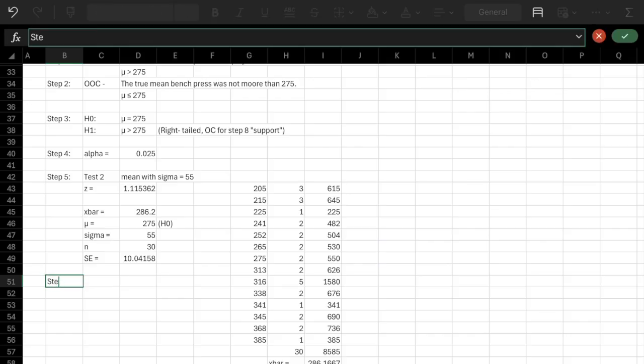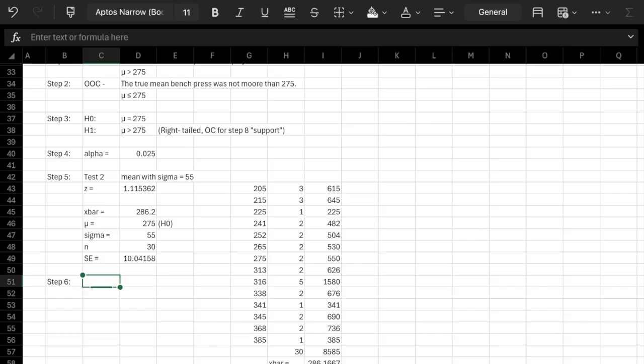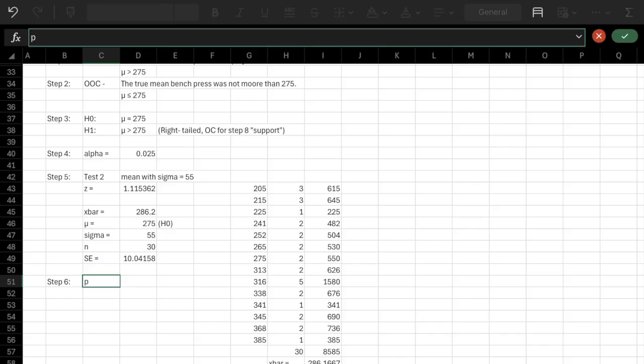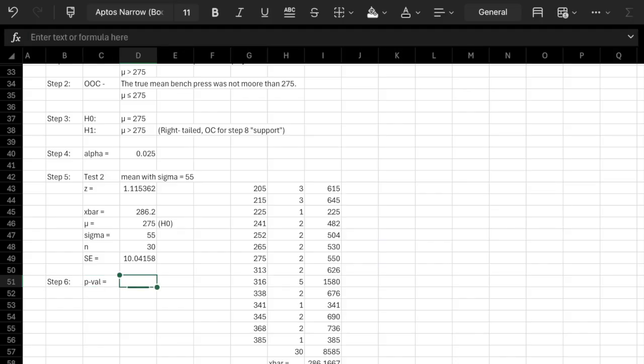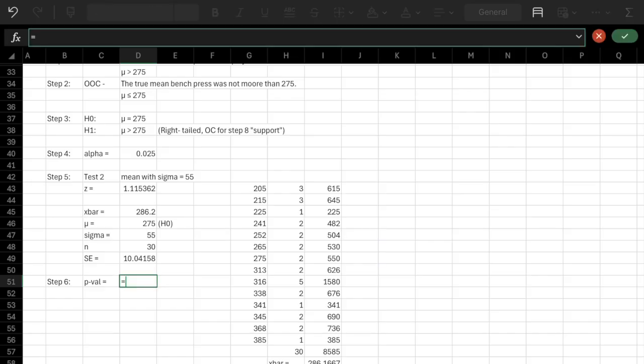Okay, so let's go with step 6. I need to find the p-value. So p-val is going to equal, okay, now is this a right-tailed test, a two-tailed test? It's a right-tailed test. We already saw that, right? So I need the right tail.